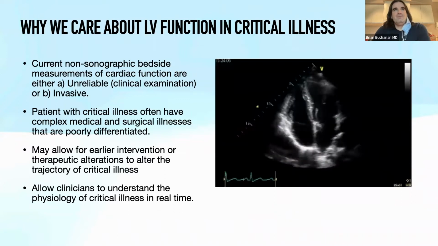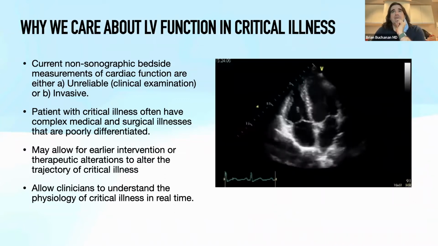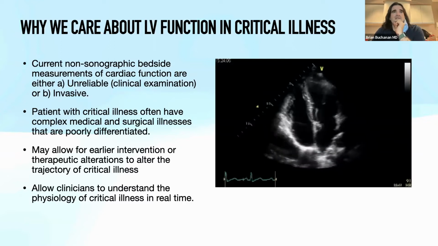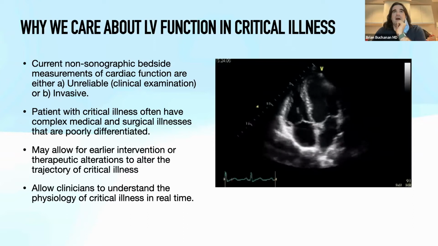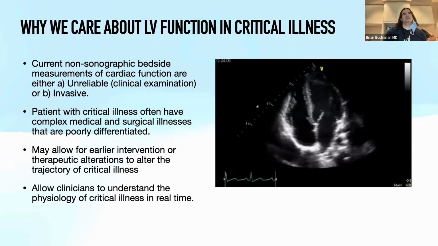And really, patients that we see in our ICU, a mixed medical surgical ICU with just a mishmash of different patients, have complex illnesses, and it's often hard to separate what's really the actual problem. If you detect LV dysfunction early, hopefully you can change the trajectory, you can intervene early, you can get early referral or early triage to more advanced studies.